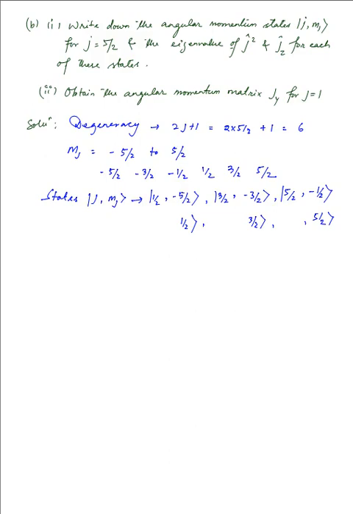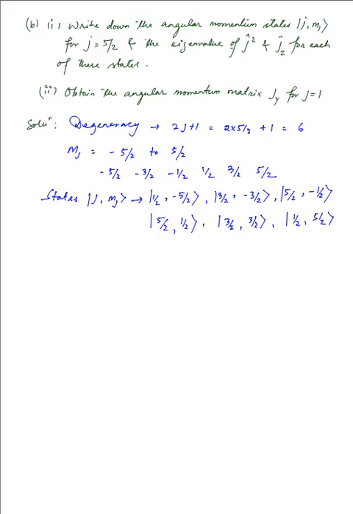So these are the mj's, and the j's are going to be simply 5 over 2, 3 over 2, and then 1 over 2, the reverse order. It's easier to write this way. So these are the states.